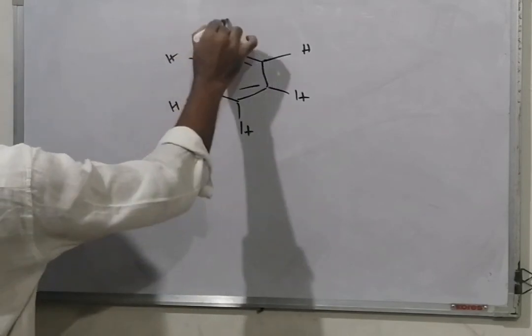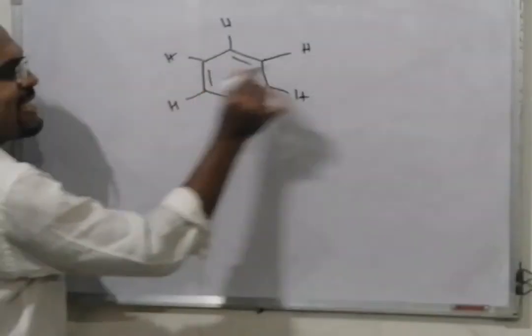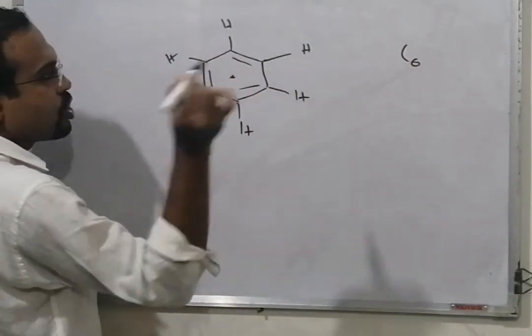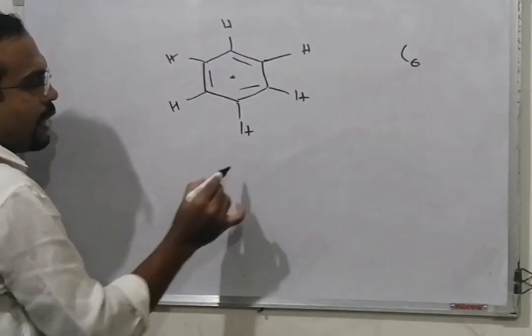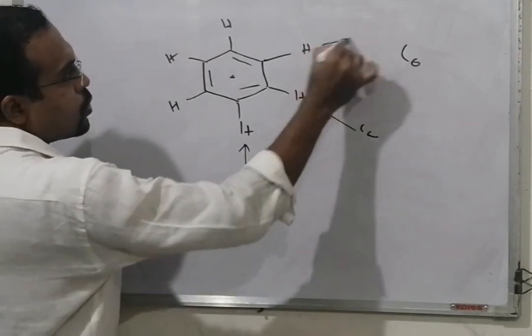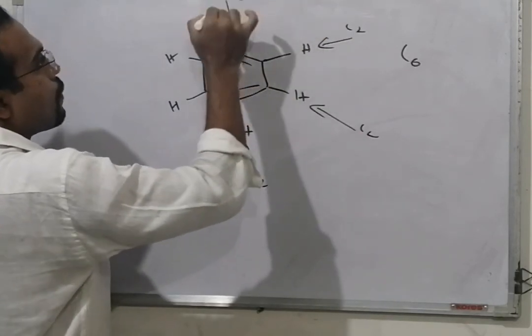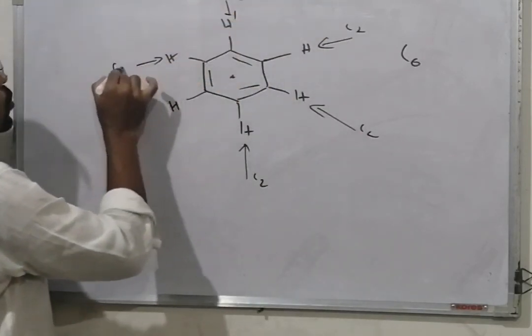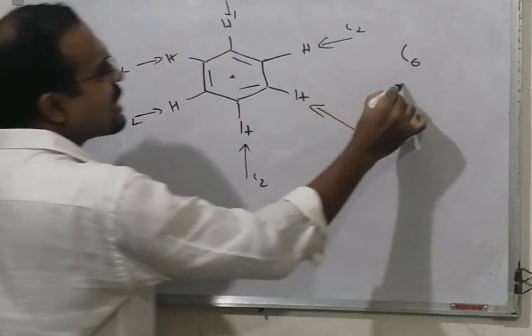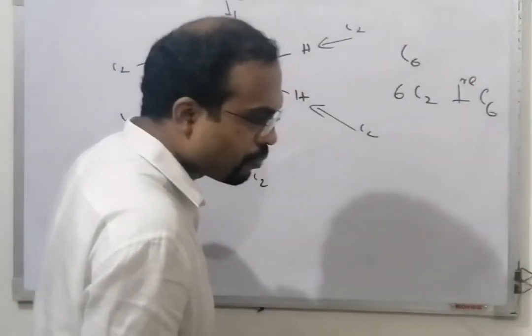Another example: you know, it has a C6 axis like this. C6 axis, and it has C2, C2, C2, C2, C2, C2. Therefore, 6 C2 which is perpendicular to C6.